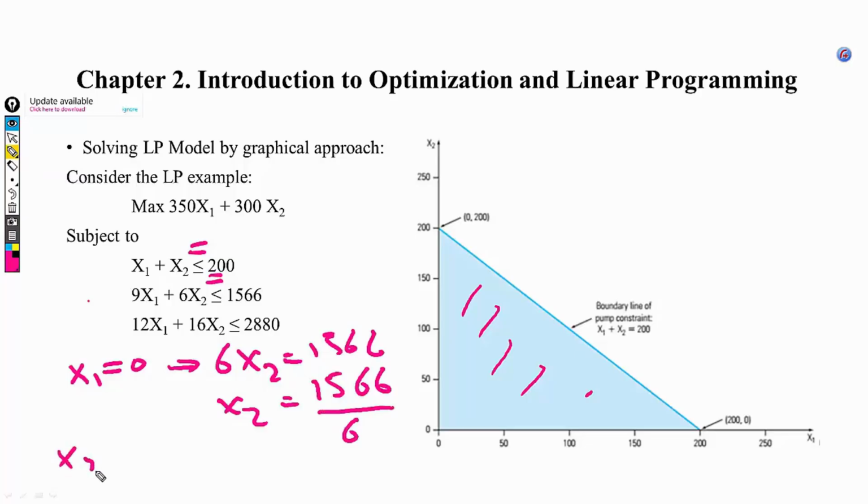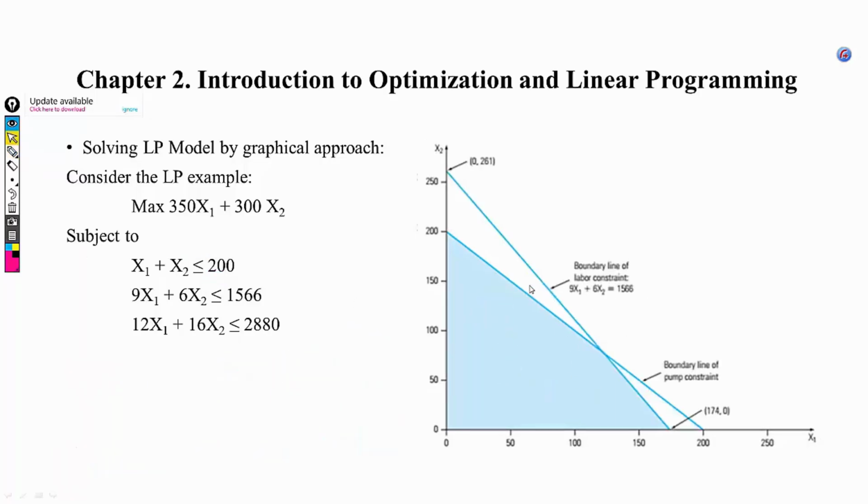And then with x2 equal to 0, similarly we can find x1, which is 1566 over 9, and then we plot this one. So this is the second constraint. The x1 becomes 174, the way we did in the intuitive example. We got this number, and x2 is 261.